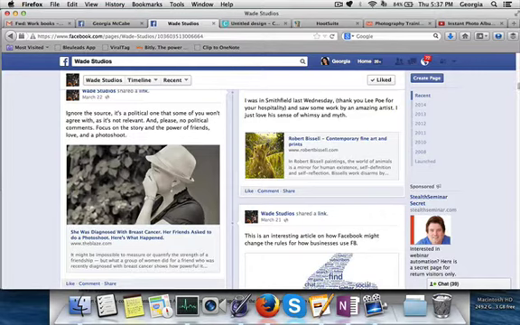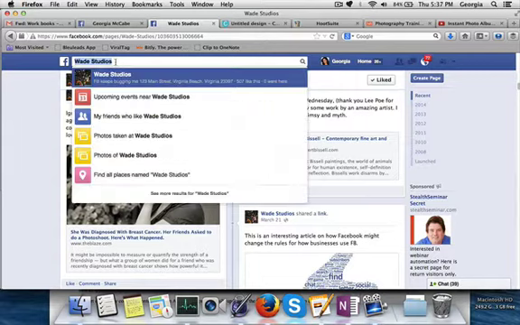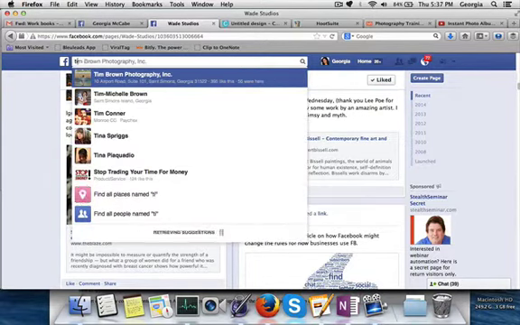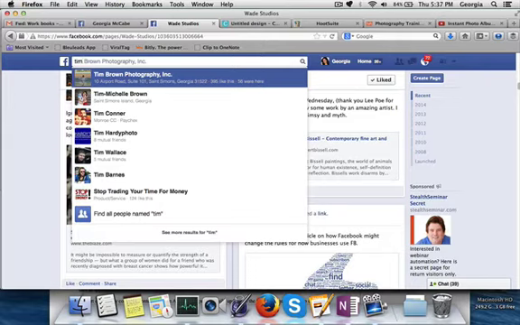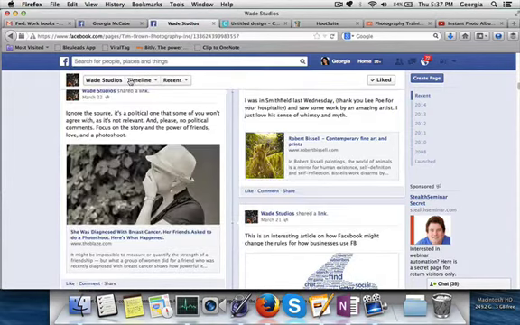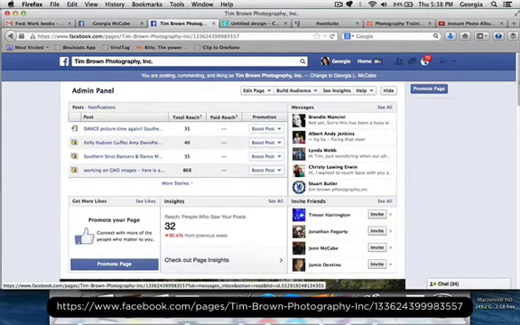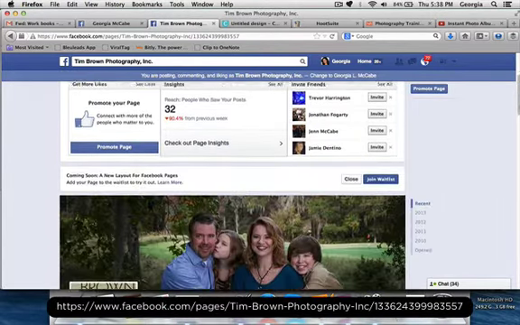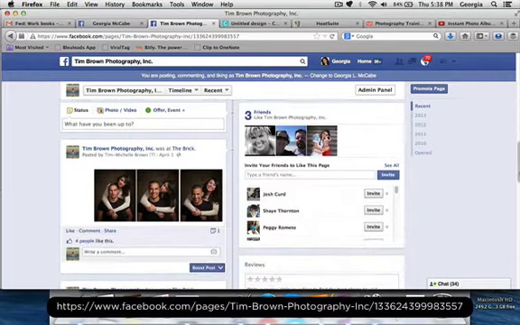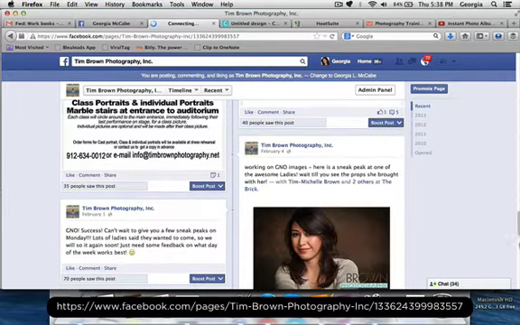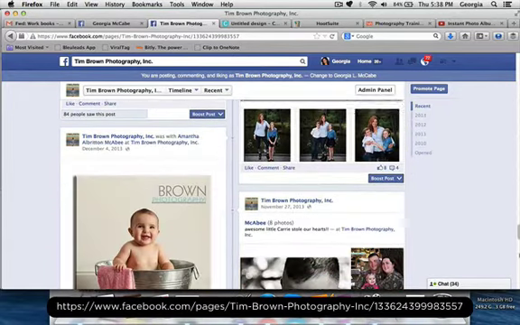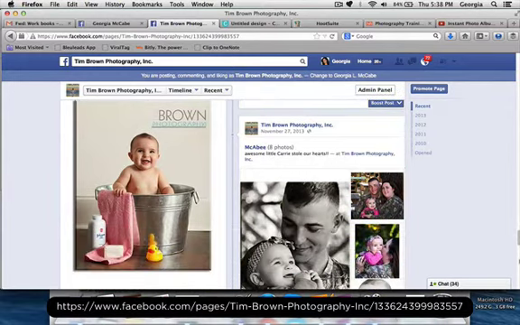Now, here's another one that a lot of you can use, and it's a great way to spark some conversation. So anytime you can, look for ways to engage your fans in a conversation. And you can use an image to catch their attention or a text. What Tim and Michelle Brown have done, and I love this because I don't see many photographers actually doing this, is they took some images of this adorable little boy.